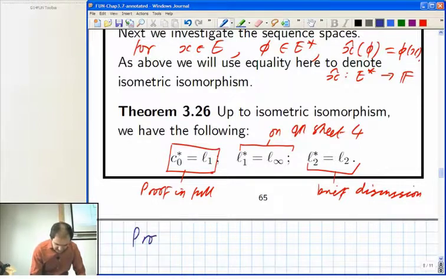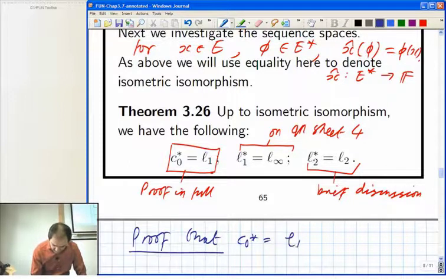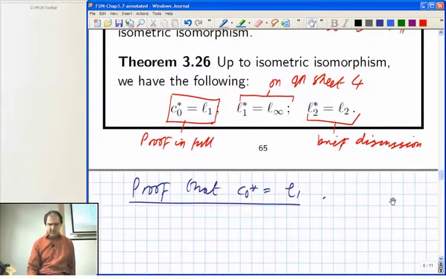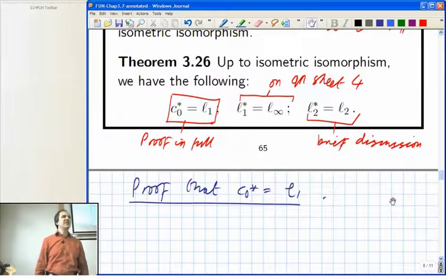So the proof that C0 star is equal to L1, which along the way you'll see what we mean by that.